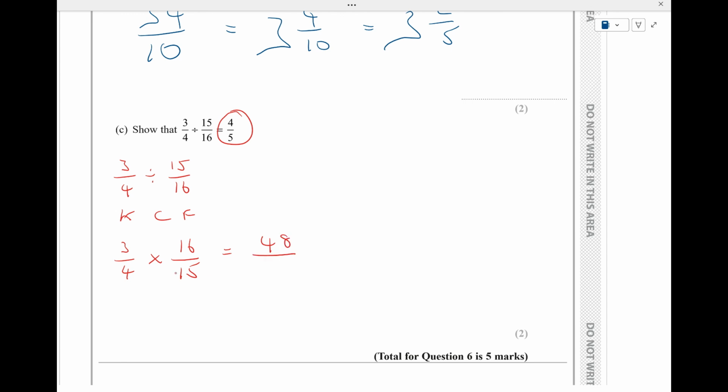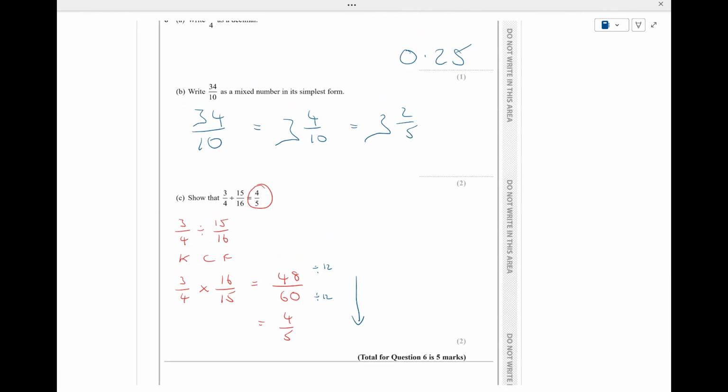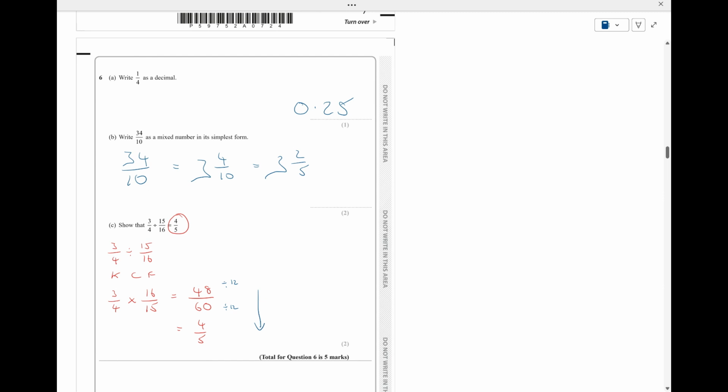Bottom times bottom, 4 times 15 is 60. And now, to be honest, I think you can use your calculator to cancel that. 48 divided by 60 equals, and that tells me it's 4 fifths. But strictly speaking, you could always say, look, I've divided top and bottom by 12. But I think you would get away with using your calculator there. And that is question 6 done.